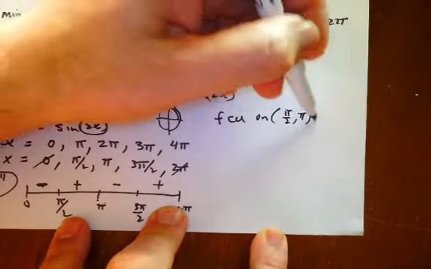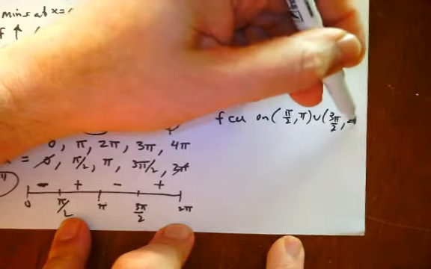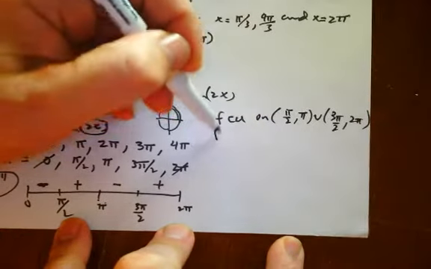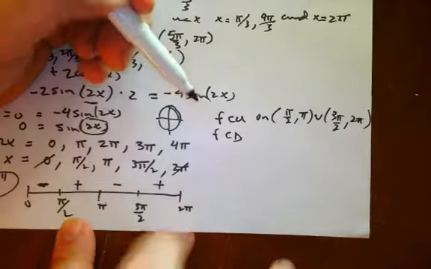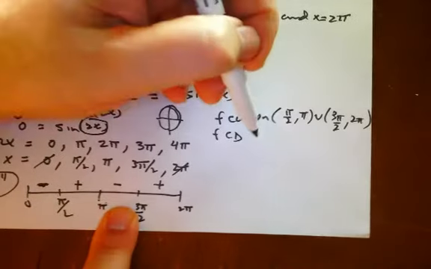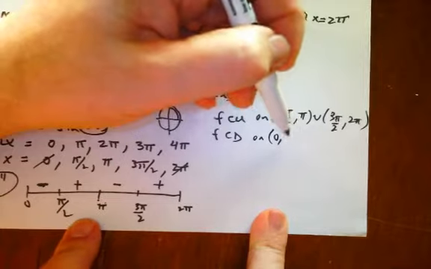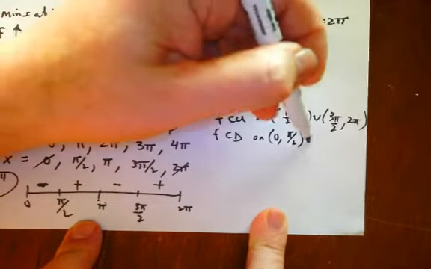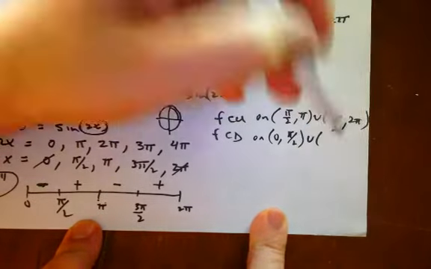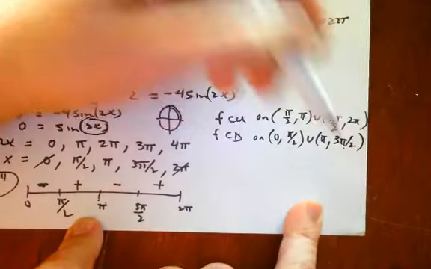So I see then, based on this sine chart, that f is concave up on this interval and this interval because f double prime is greater than 0. So we're looking at pi over 2 to pi, union 3 pi over 2 to 2 pi.